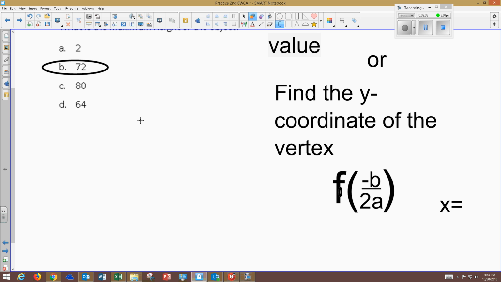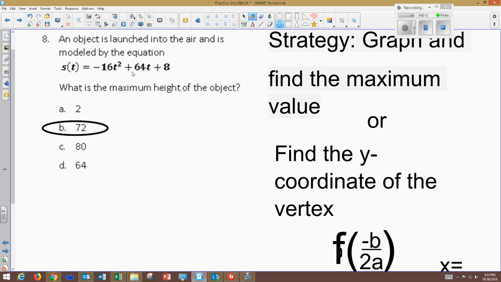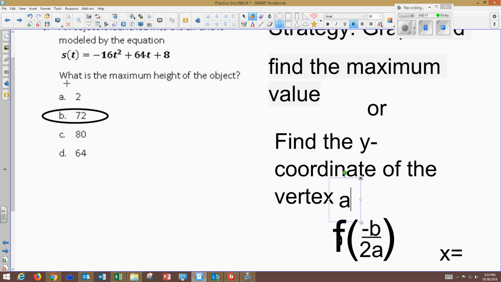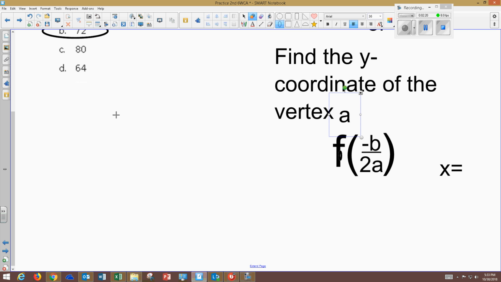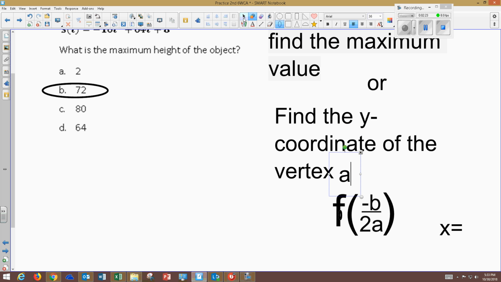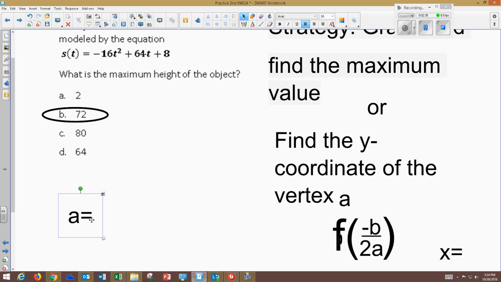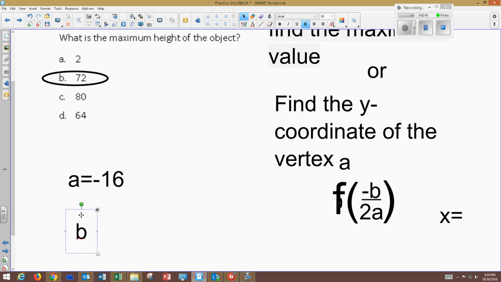We know this from the equation: a is equal to negative 16, and b is equal to 64.